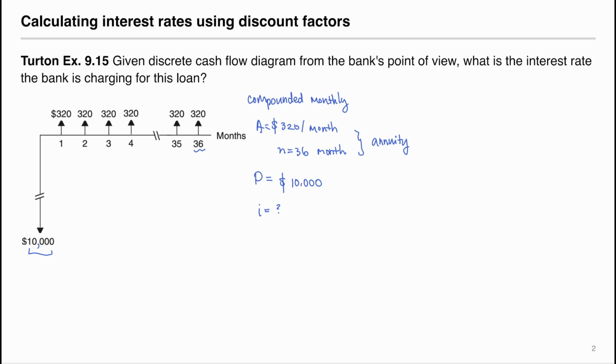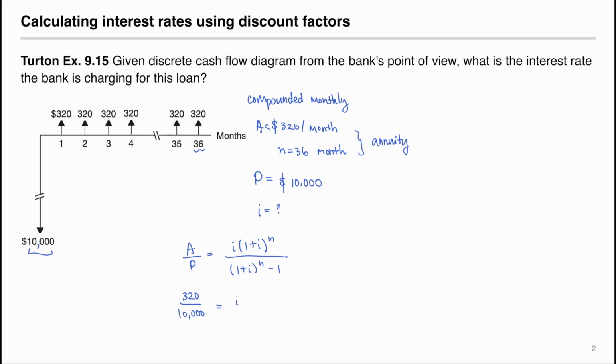So the discount factor for A over P equals I times (1 plus I)^n divided by ((1 plus I)^n minus 1). We are given A, which is 320 per month, and P is 10,000.